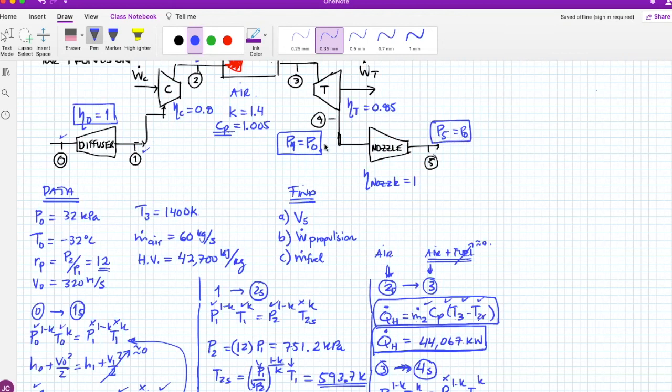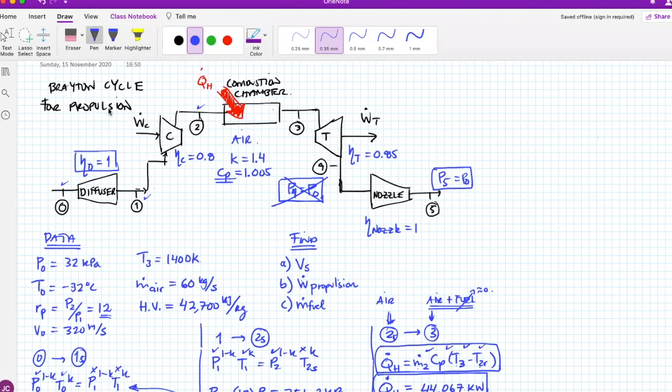Let me just put a big no for that part. That's one change. Not just these elements here, diffuser and nozzle, but that's another consideration that you need to make in this type of Brayton cycle for propulsion. P4 is not P0 at the entrance of the diffuser.